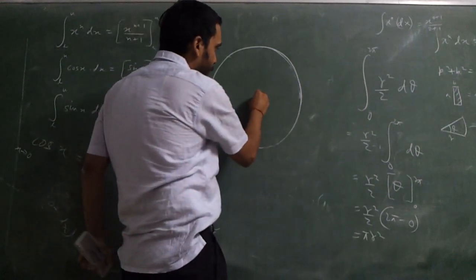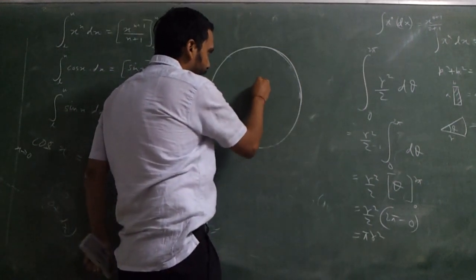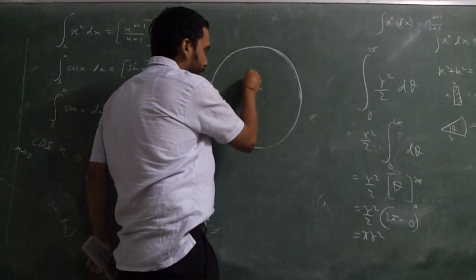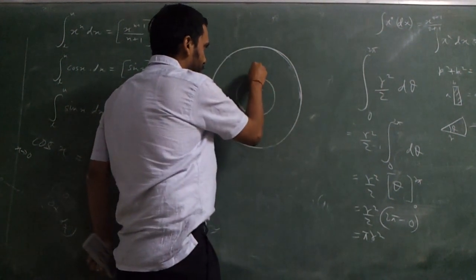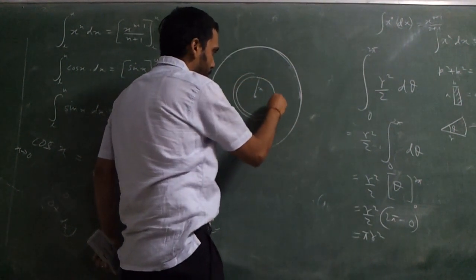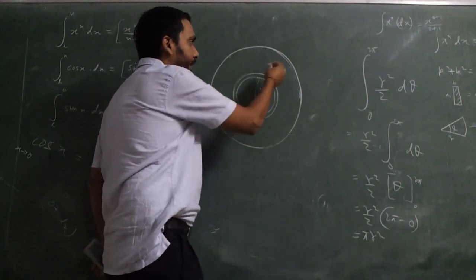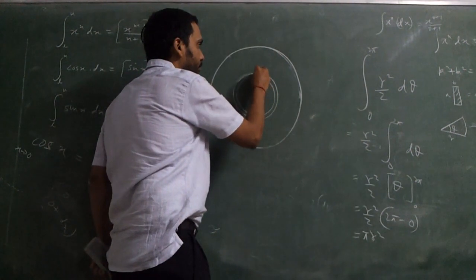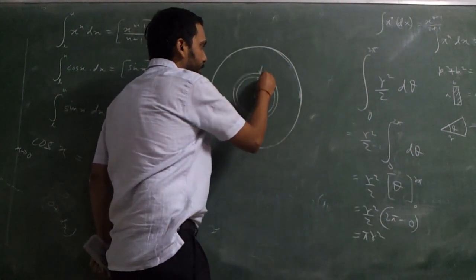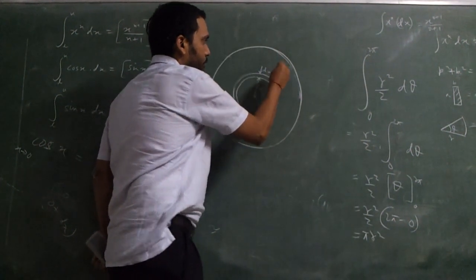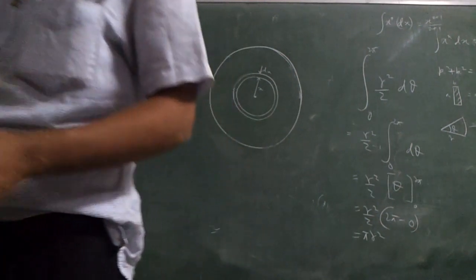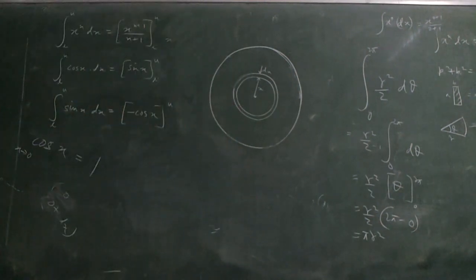Easiest way is, at any random x radius, I'll make a circle of thickness how much? Thickness is dx. Okay. So the next x will come where? After dx thickness. So they will not overlap.